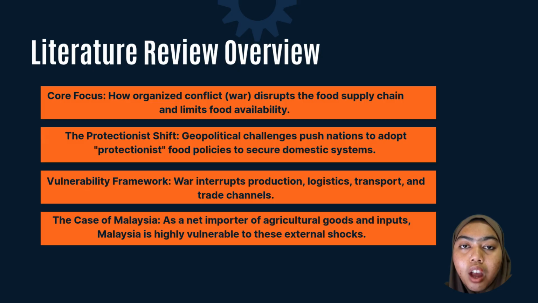As a net importer of a wide variety of agricultural goods and inputs, Malaysia is particularly vulnerable to these external shocks. Therefore, understanding these drivers is critical for us to design resilient national food security policies.